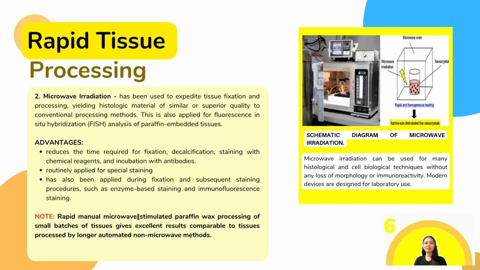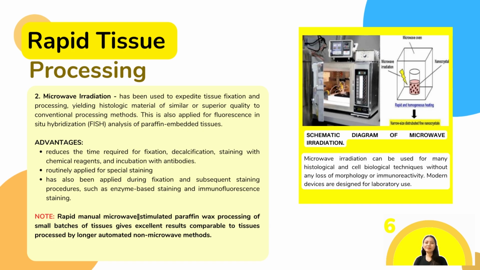First, it reduces the time required for fixation, decalcification, staining with chemical reagents, and incubation with antibodies. It is also routinely applied for special staining and has also been applied during fixation and subsequent staining procedures such as enzyme-based staining and immunofluorescence staining.